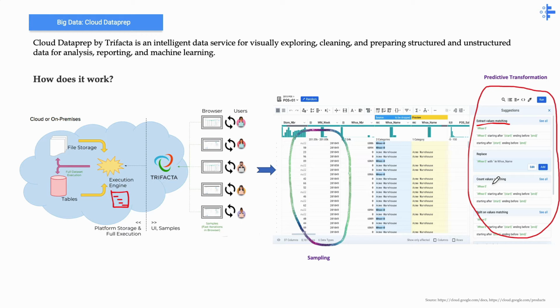Sometimes if it is a date field, if it is at 11:59 or something, make it 12. Or if it is float values, if it is more than 0.5, you take the next number. Those kinds of predictive transformations, it gives you out of the box.